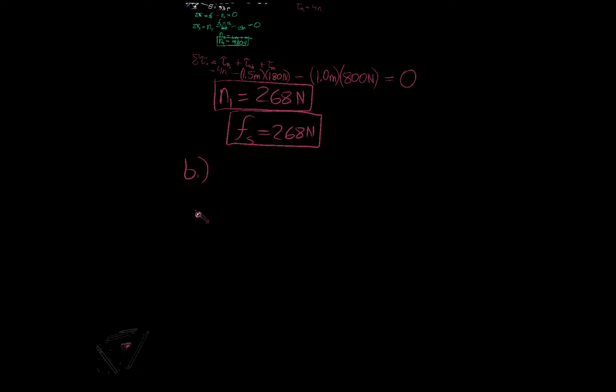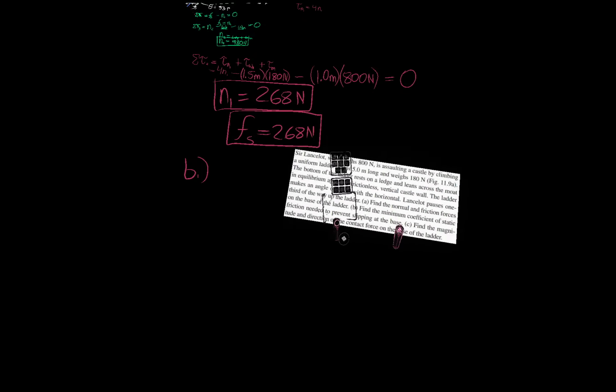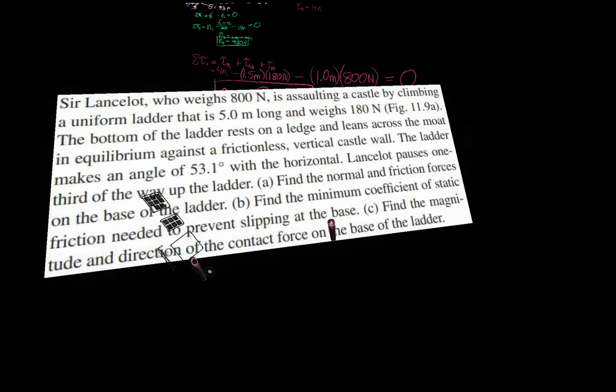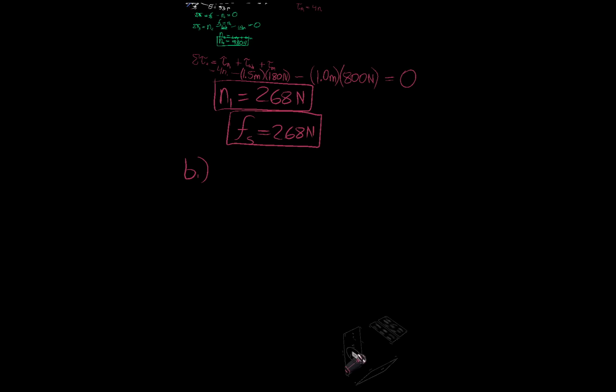So then B asks something further about that static friction force. What does B ask? It says find the minimum coefficient of static friction needed to prevent slipping at the base. So from the definition of static friction, we get a less than or equal to sign, right?